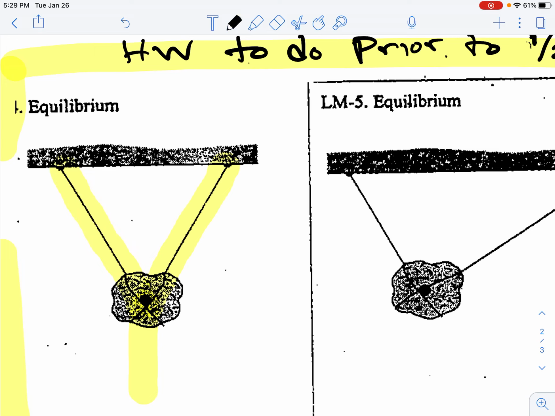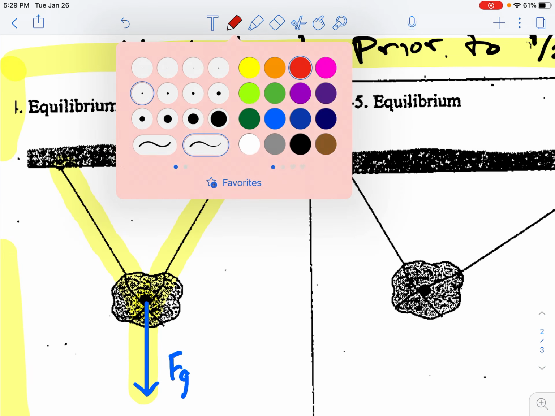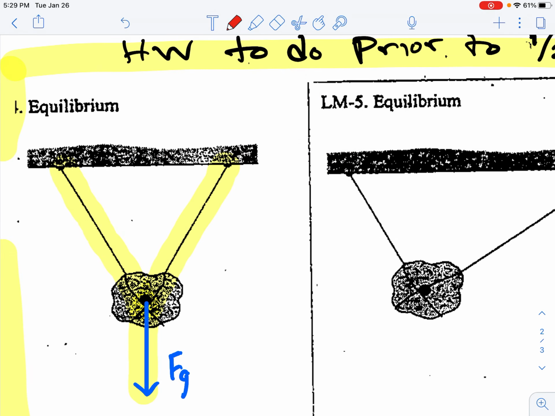So let's put gravity in. I'll make gravity blue and put it down in this direction. And here's my force of gravity. Then I'm going to change to red for the tension forces.